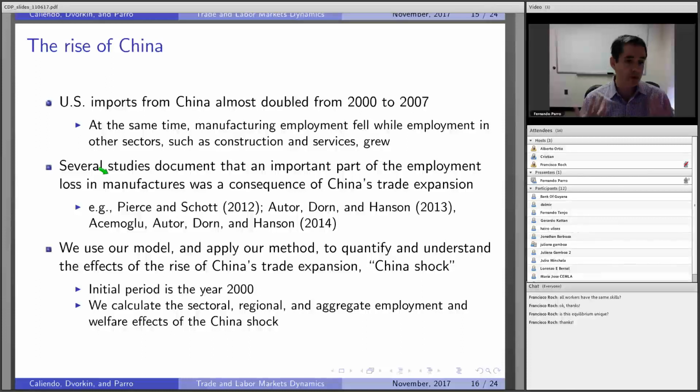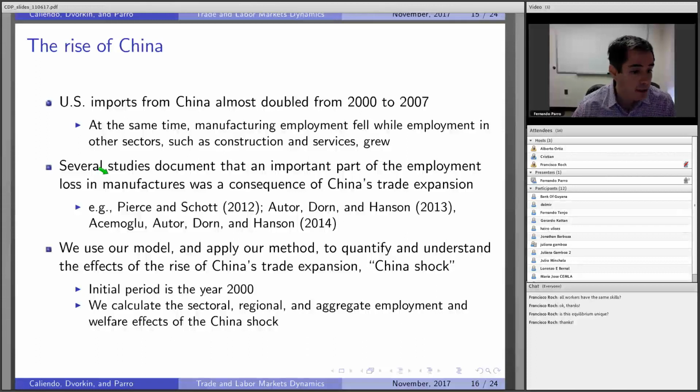So the application is going to be on the China shock. Just to motivate this topic, probably most of you already know that US imports from China almost doubled from 2000 to 2007. And at the same time, manufacturing employment fell in the United States, while employment in other sectors, such as construction and services, grew. The observed decline in manufacturing employment in the United States over this period is about 3 million, pretty substantial.